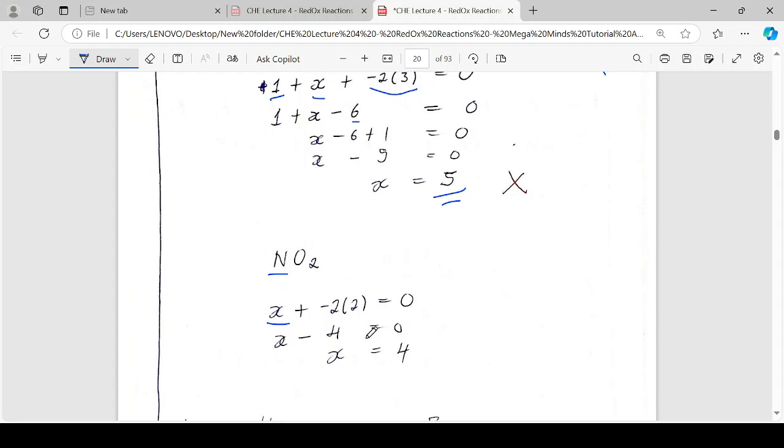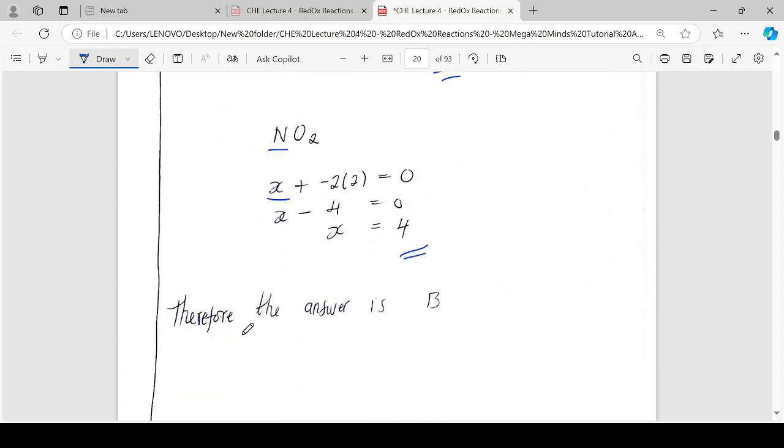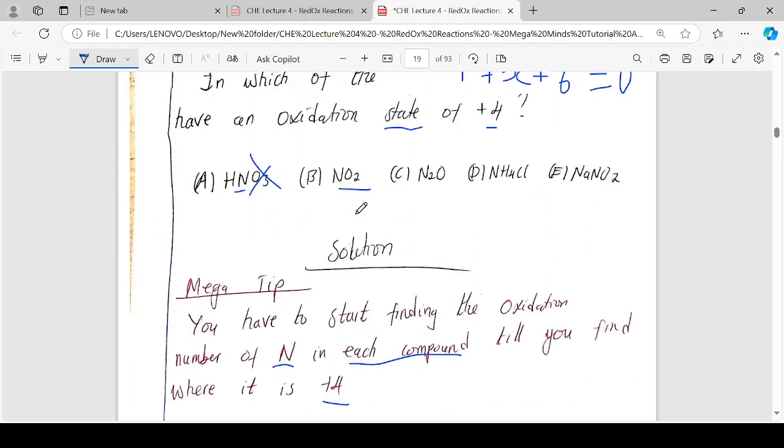So from here 2 times 2 is 4, and the negative goes to the other side. I'm sure you're able to follow here. So the oxidation number of nitrogen in nitrogen dioxide is 4. So this is what we are looking for. Therefore the answer is B.